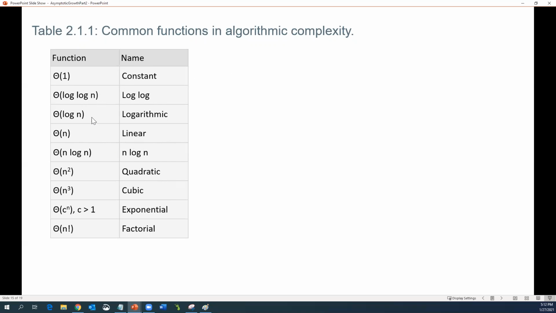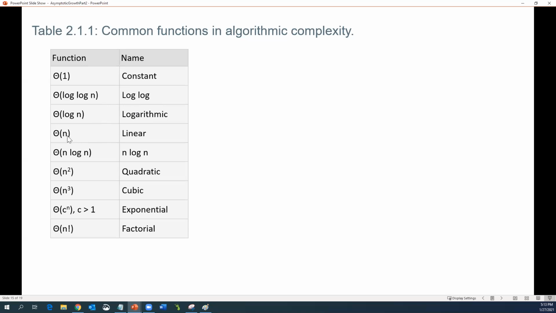But as we get further on down here, anything that's theta of these further down is going to grow faster than the constant. So theta of log n, which is weird, and I don't know why they even include this in the list, but that's okay, ends up growing a little bit faster than the constant.